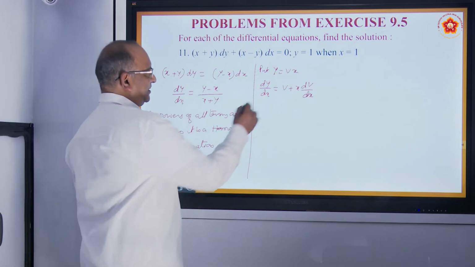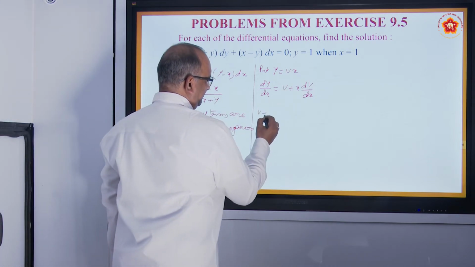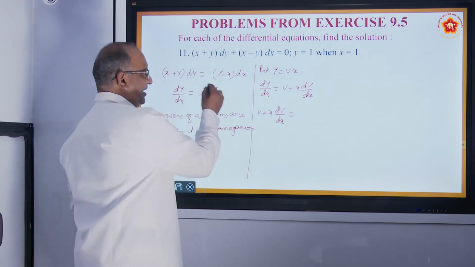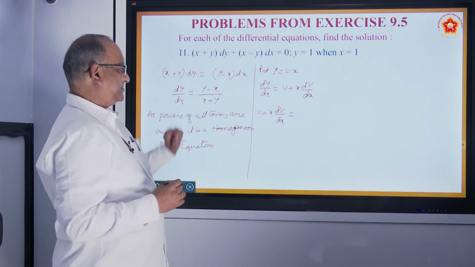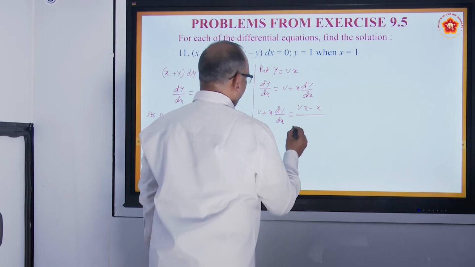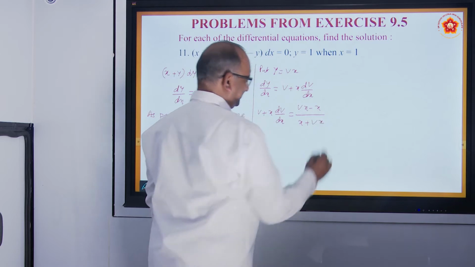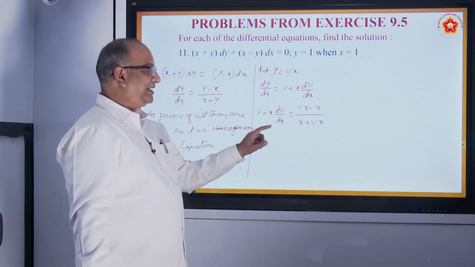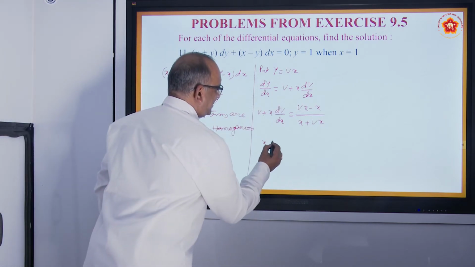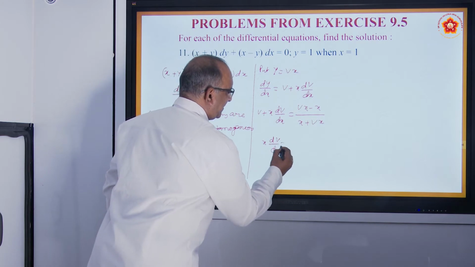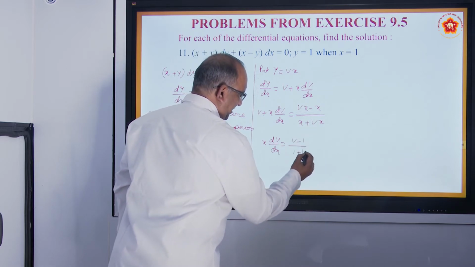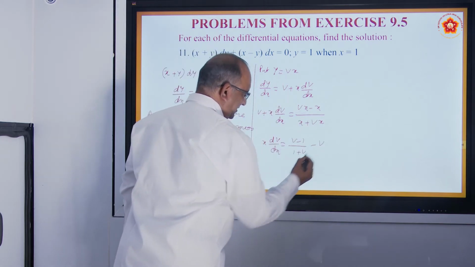So what will the equation become? The left hand side will be v plus x dv by dx equal to, making the substitution y equal to vx, vx minus x upon x plus vx. You can take x common from numerator and denominator and eliminate it, and take this v to that side. So x dv by dx can be written as v minus 1 upon 1 plus v, and take this v to that side, it will become minus v.